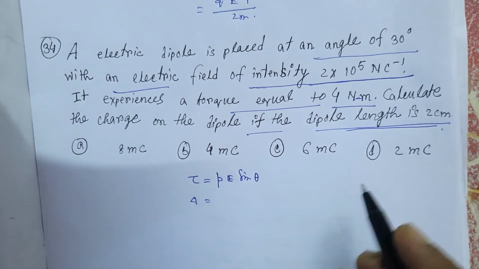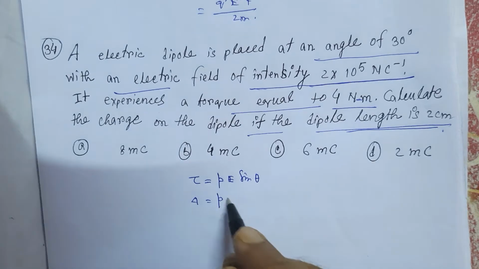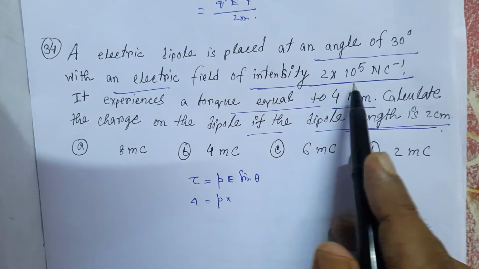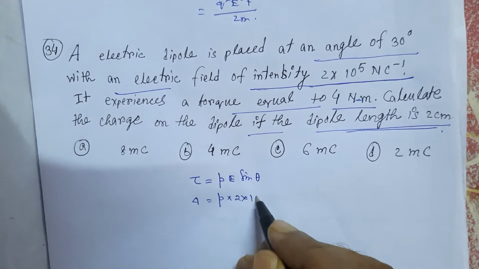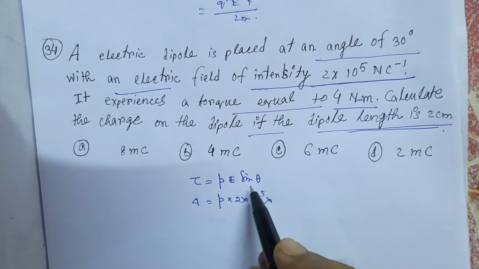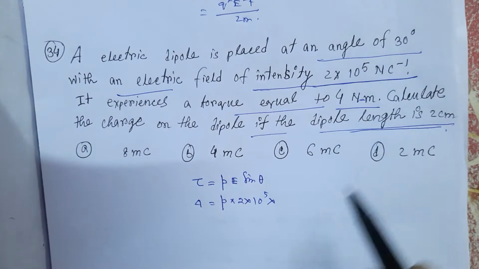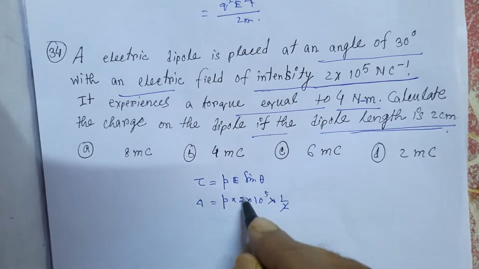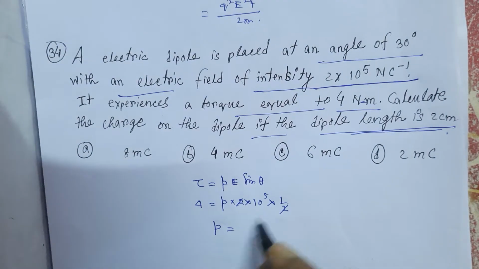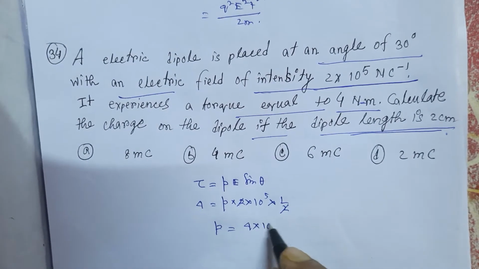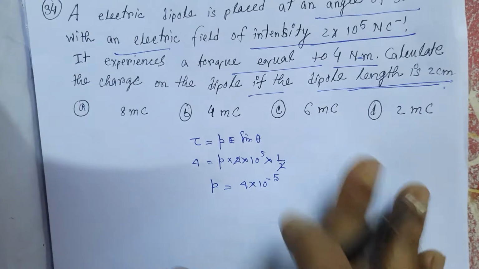We have to calculate P at first. And E is 2 into 10 to the power 5 Newton per coulomb. And sine theta is sine 30, which is half. So P equals 4 by 10 to the power 5, so 4 into 10 to the power minus 5 coulomb meter.